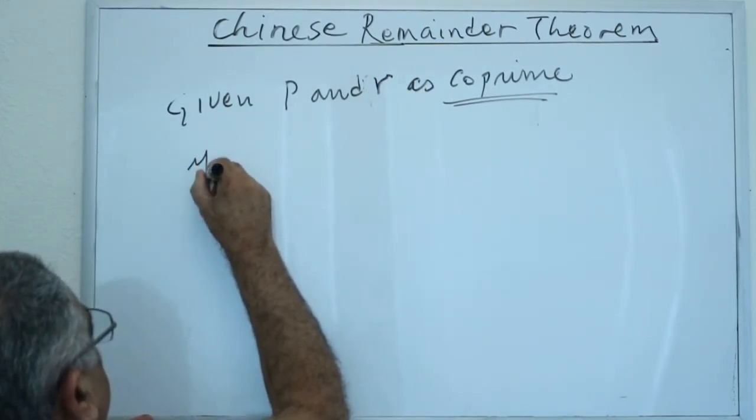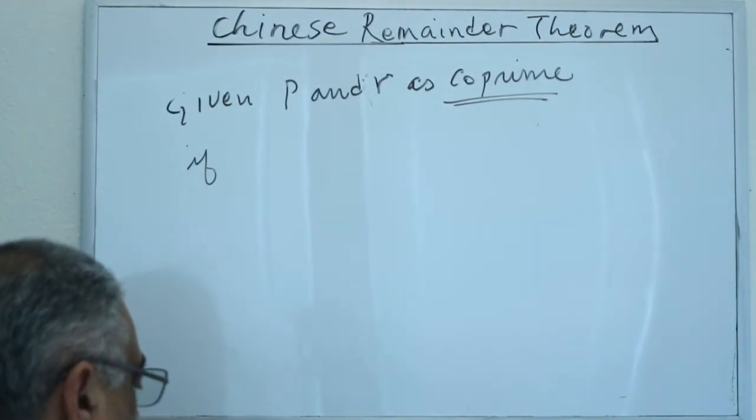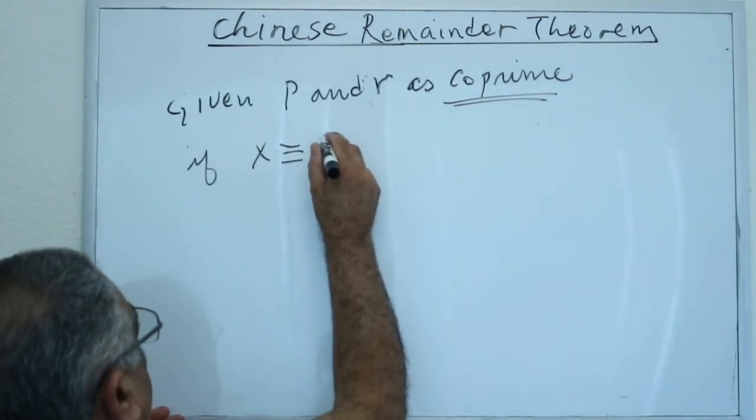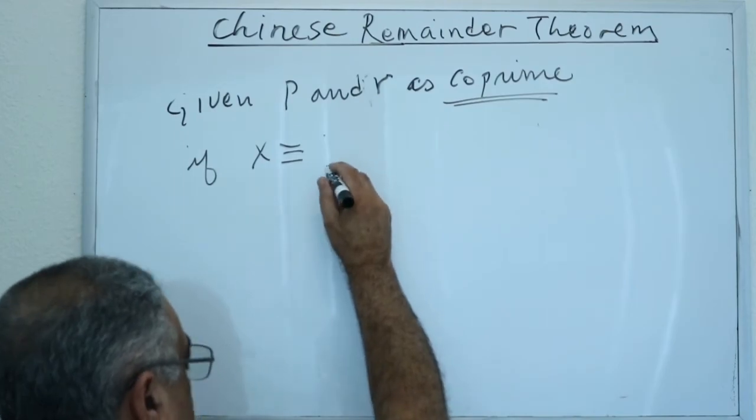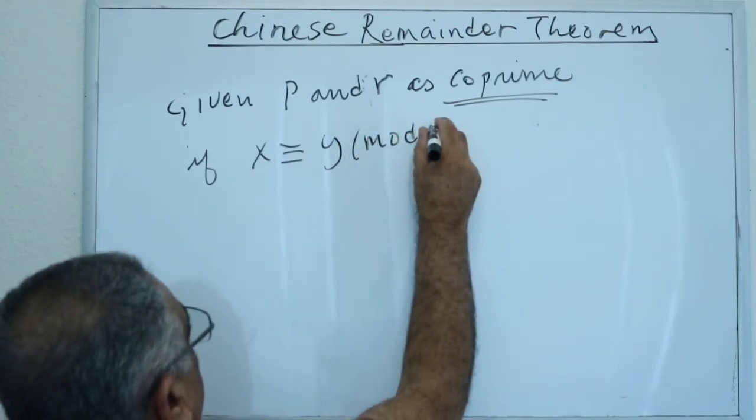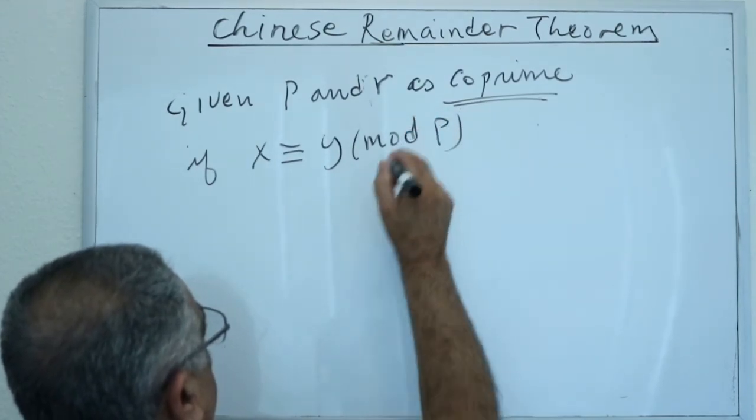So it's going to say if X is congruent to Y mod P, see that?